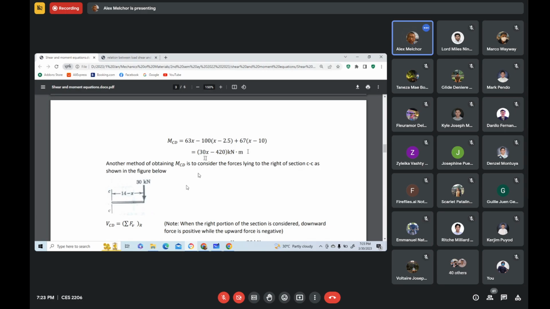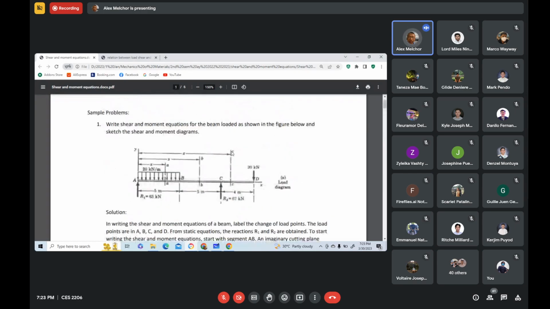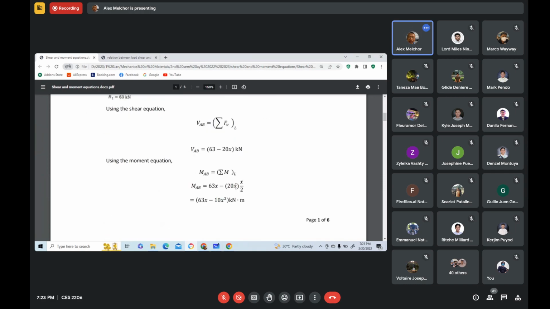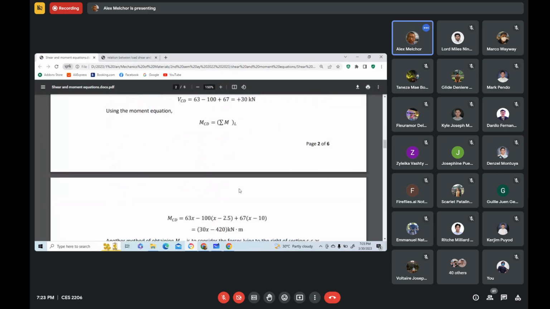Now, this is another way of writing the shear and moment equations for segment CD. You see that to the right portion of section CC, we have only one force. So we will try, considering the right portion of section CC, we covered the left portion.